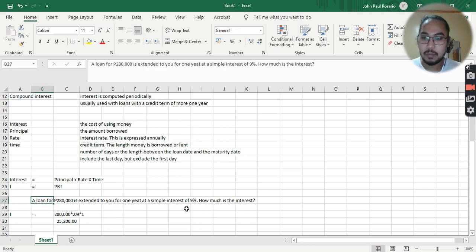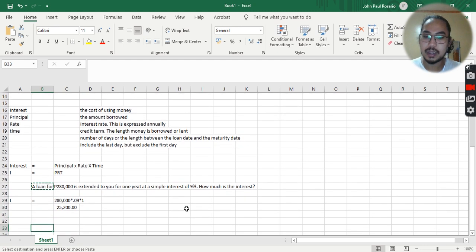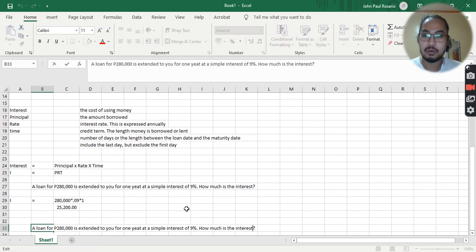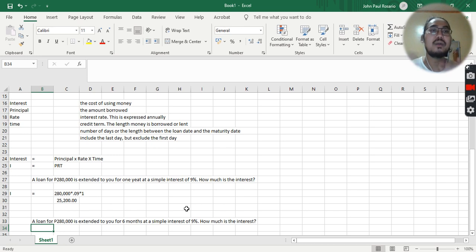So, for example, ang loan is extended to you for 6 months. So, sir, how do we convert our time period nga less than 1 year or more than 1 year pero dili siya buo nga year? So, you simply have to translate your time into a fraction of a year, okay?